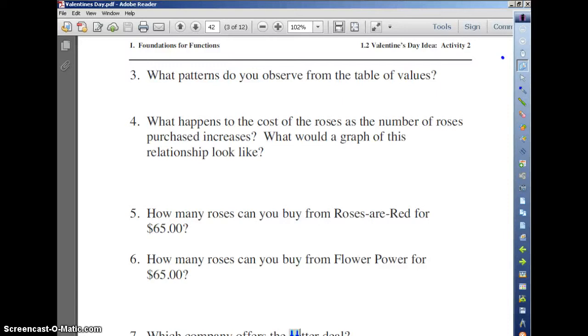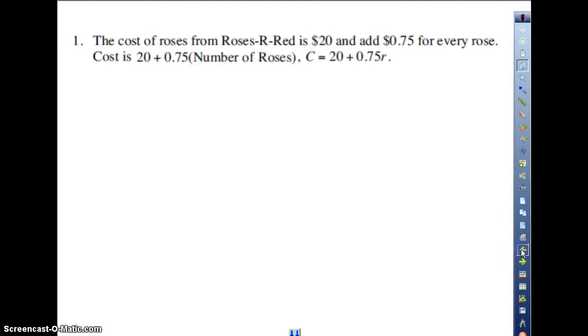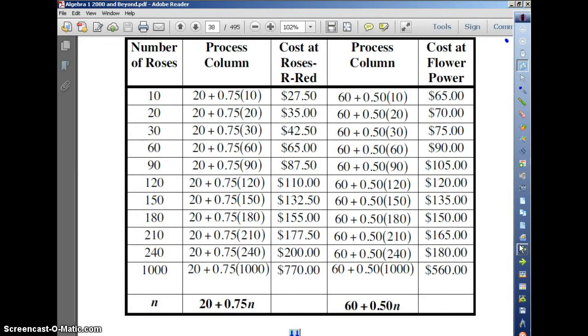Question number 3. What patterns do you observe from the table of values? All right, let's go back to the table. I want you to look for some patterns. I notice right here I'm increasing by 10, increasing by 10. Each time the number of flowers increases by 10, what's happening here?